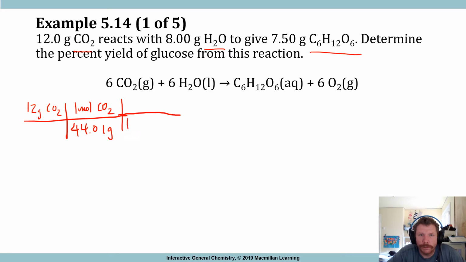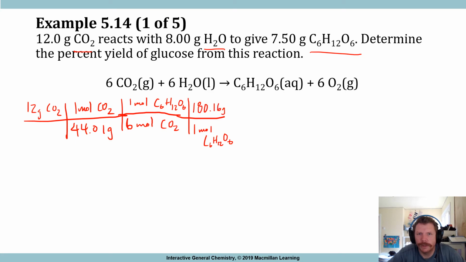Okay, so 1 mole, my balanced chemical reaction says 6 moles of CO2 produce 1 mole of C6H12O6. My molar mass of C6H12O6 has a mass of 180.16 grams.